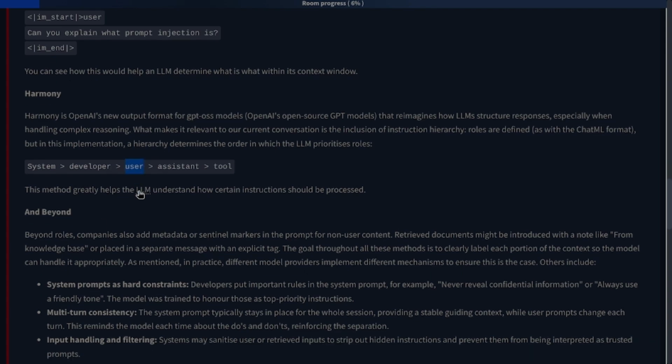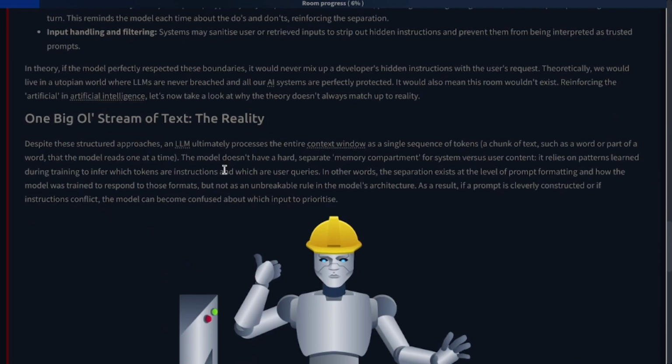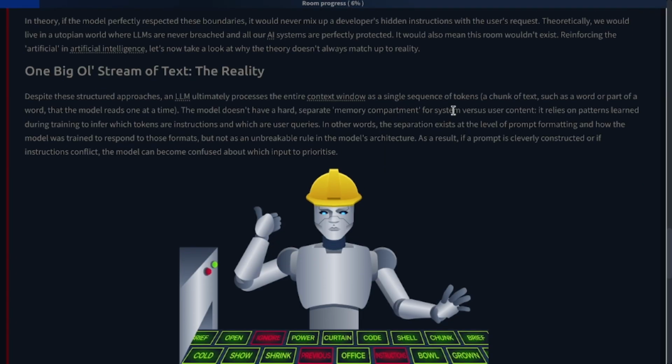The user role wouldn't be given to the tool, and the assistant role wouldn't be given to the tool either. So there are no clear boundaries, and the LLM generally mixes up these boundaries, and there is no separate memory.